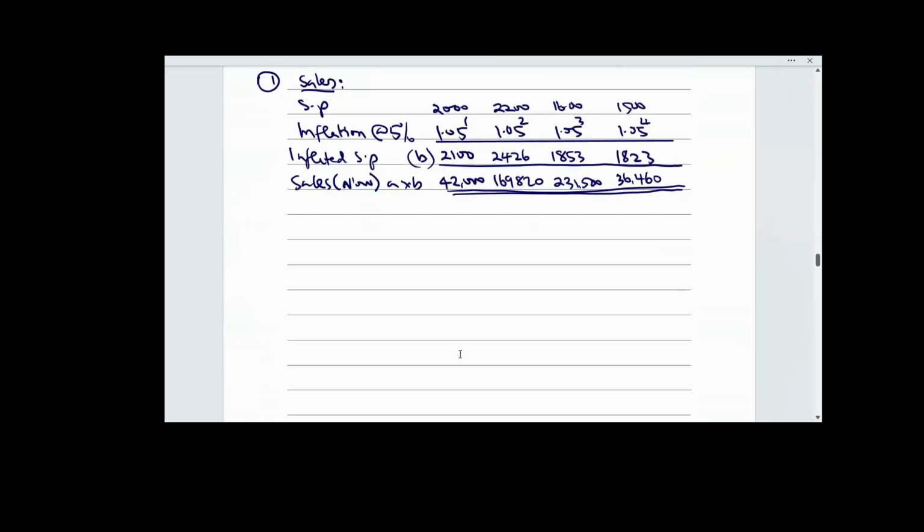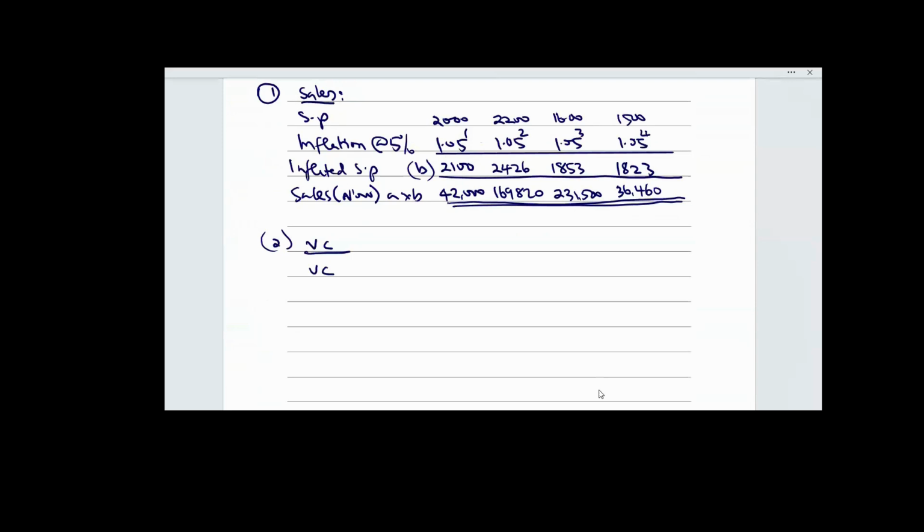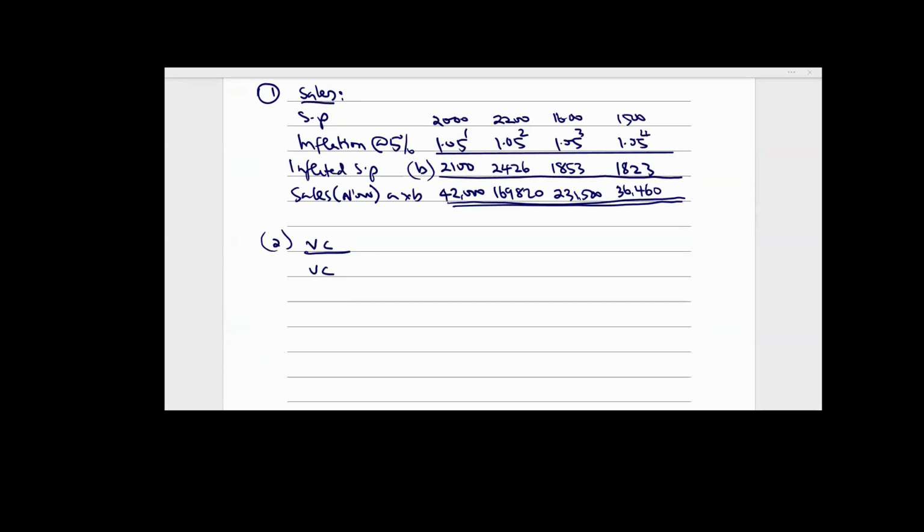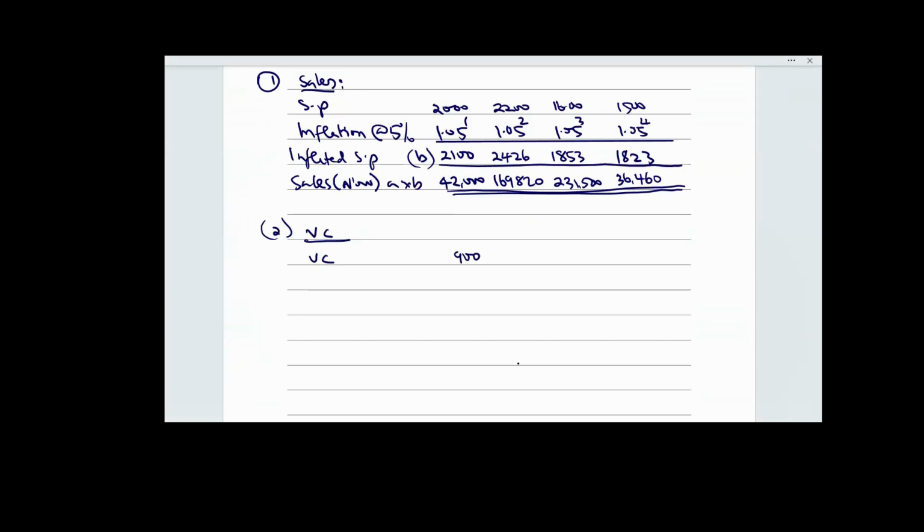I will do the same thing for variable cost. Variable cost for the first year is how much? According to the question, 900, 1,000, then 1,020. 900 is the first year, 1,000 is the second year, 1,020 third, 1,020 for the fourth year.